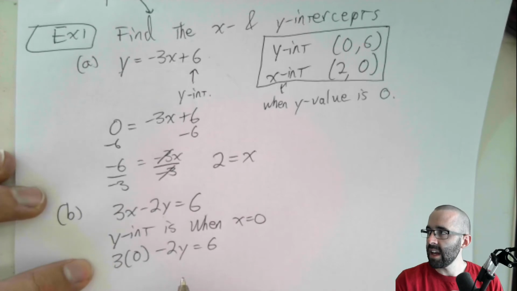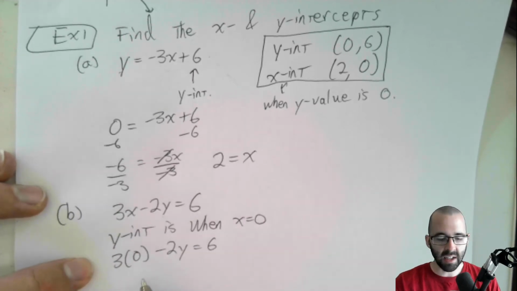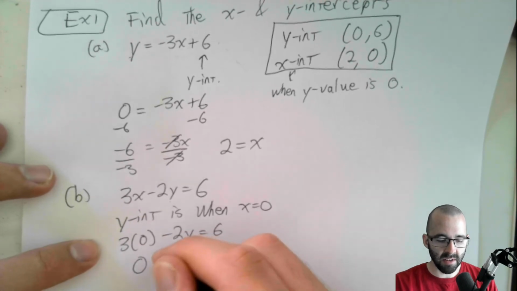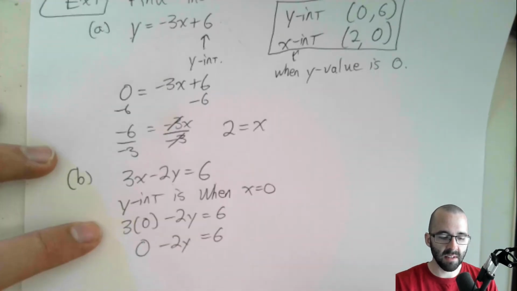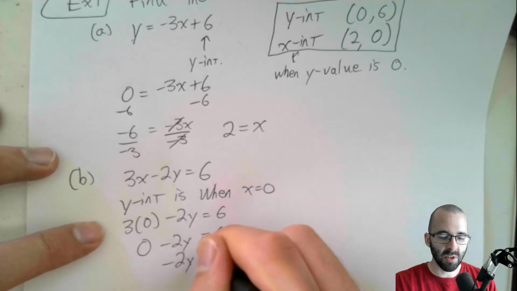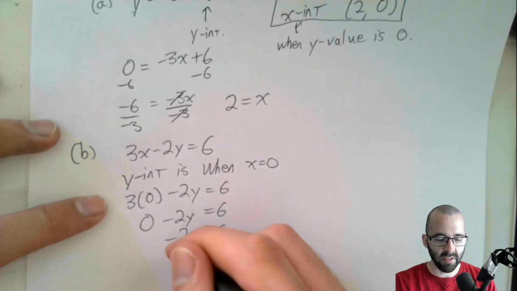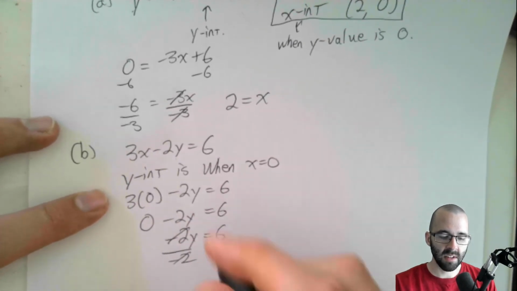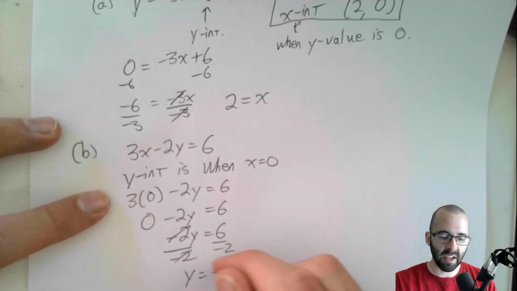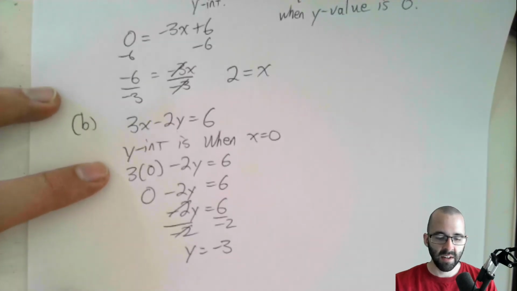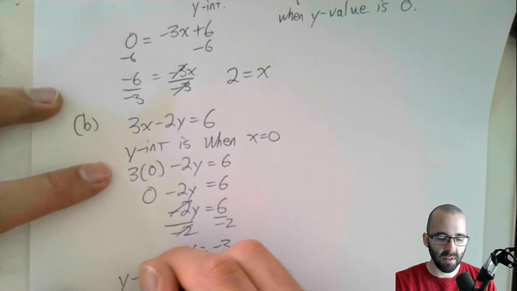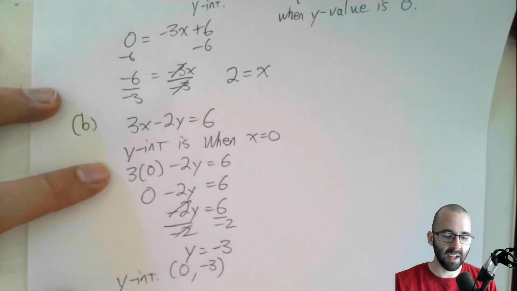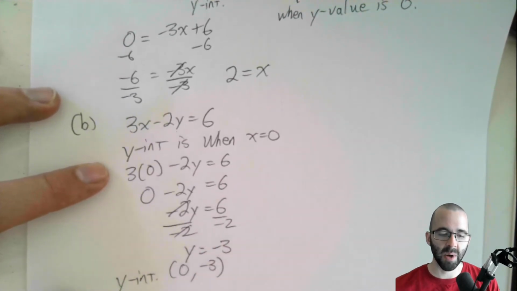Like we did above, once we get here, we simplify and solve for y. 3 times 0 is still 0, so we have minus 2y equals 6. Divide both sides by negative 2. They cancel, and we get y equals 6 divided by negative 2, which is negative 3. This is our y-intercept. The x component is 0 and the y component is negative 3, an (x, y) ordered pair.